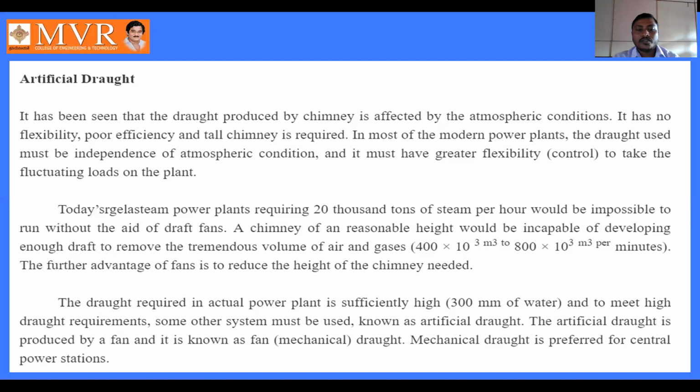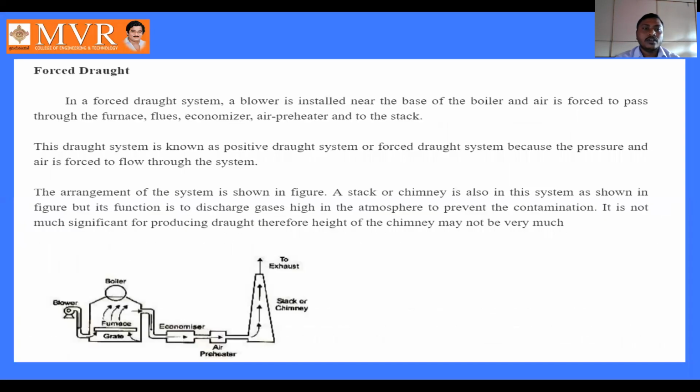The artificial draft is produced by a fan and it is known as mechanical draft. In artificial draft, we are using a fan, and by using the fan only we get the air or gases. Mechanical draft is preferred for central power stations. This is about artificial draft.